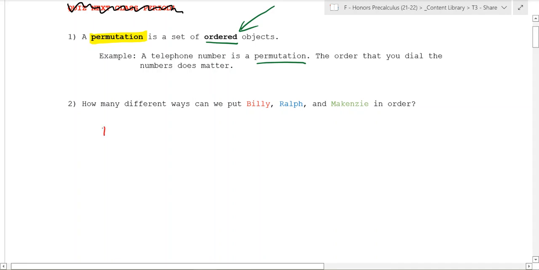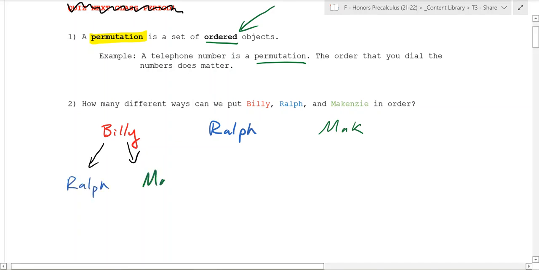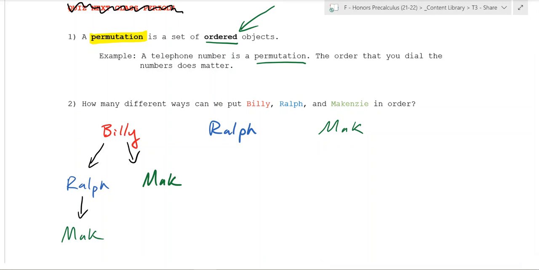Well, the first person, let's say, could be Billy, the second person could be Ralph, and the third person could be Mackenzie. We'll do M-A-K. Now, after Billy, it could go in a couple directions. After Billy, you could get Ralph, or you could get Mac. But then if you had Ralph, the only person left would be Mac, and the only person here would be Ralph.